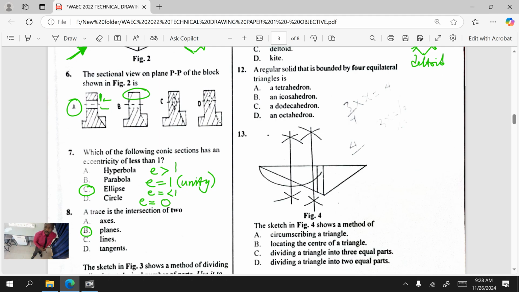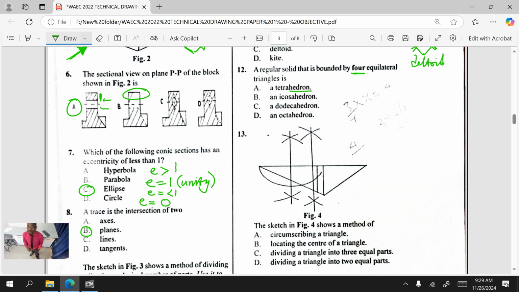A regular solid that is bounded by 4 equal triangles. Good. A regular solid that is bounded by 4 equal, take note of that, 4 equal triangles. So when we have equal triangles forming a shape, we call them a hedron.